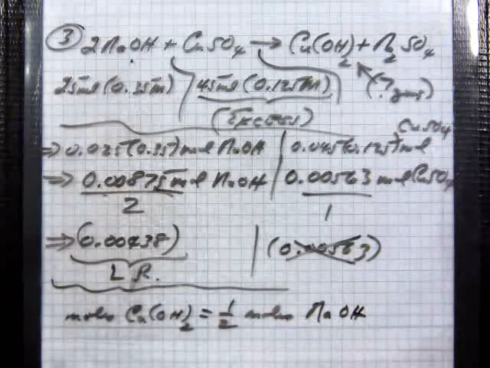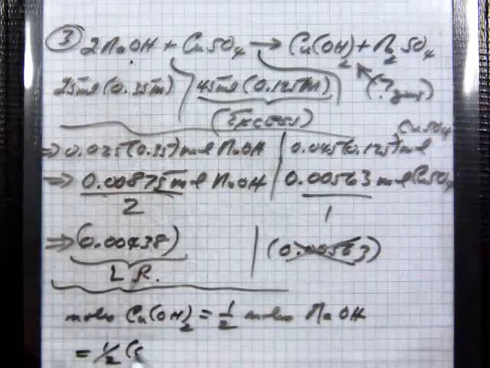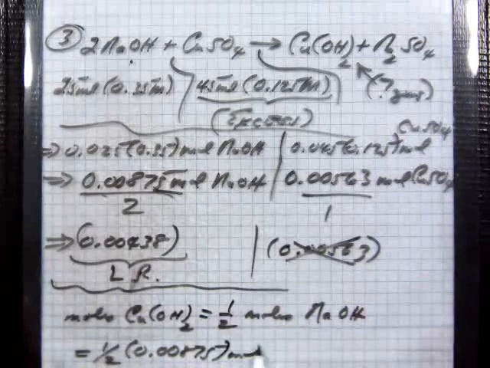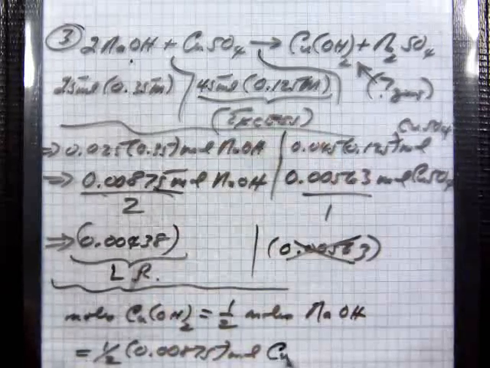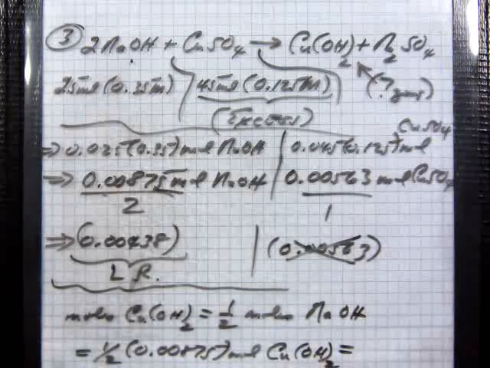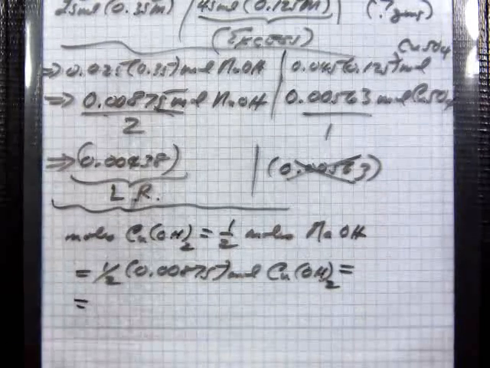Am I still with me on that? Okay, so we have 1/2 of 0.00875 mole of the copper hydroxide yield. Bring that up here.